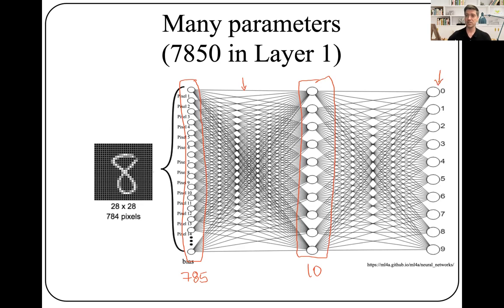Although in the output layer, the number of neurons is fixed. It's determined by the problem. So the total number of connections between the input layer and the hidden layer is going to be 785 times 10, which is 7,850 connections. So that's 7,850 parameters that we need to learn. Okay.